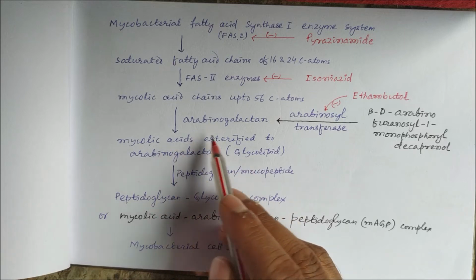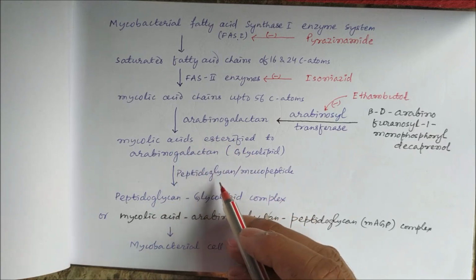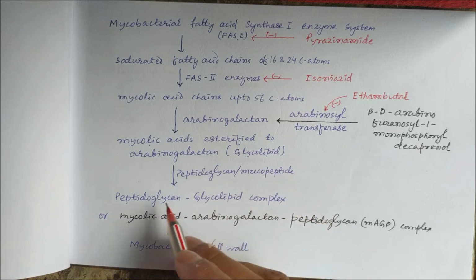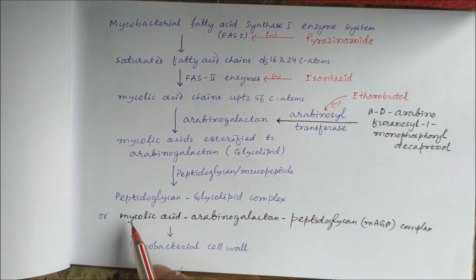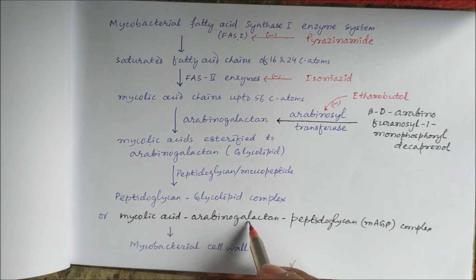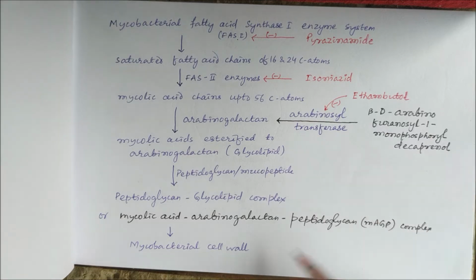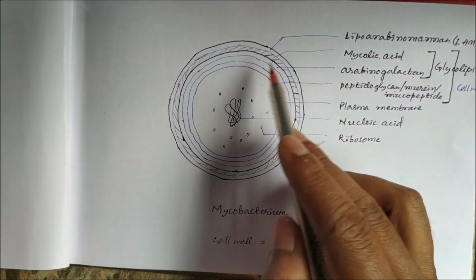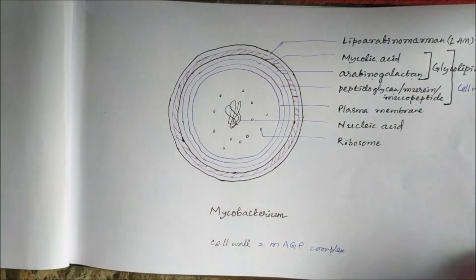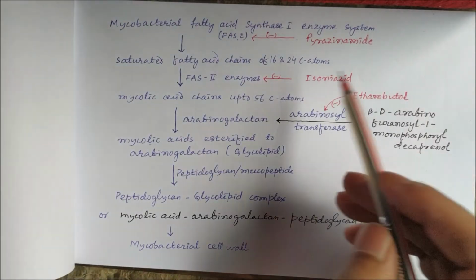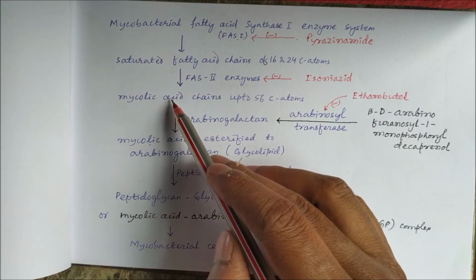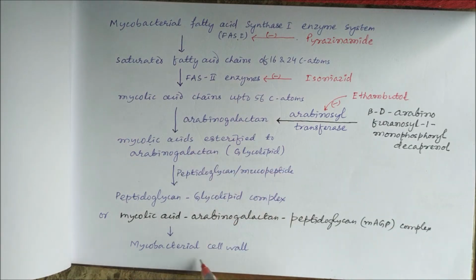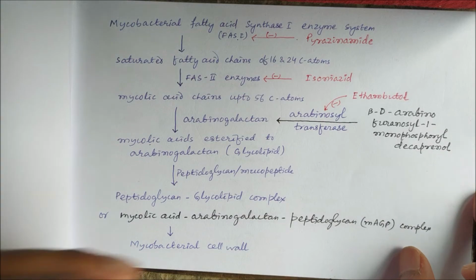Now this glycolipid with peptidoglycan or mucopeptide forms the mycolic acid arabinogalactan peptidoglycan complex, which is nothing but the mycobacterial cell wall. So isoniazid, by inhibiting FAS2 enzymes, inhibits mycolic acid synthesis and hence inhibits the mycobacterial cell wall synthesis.